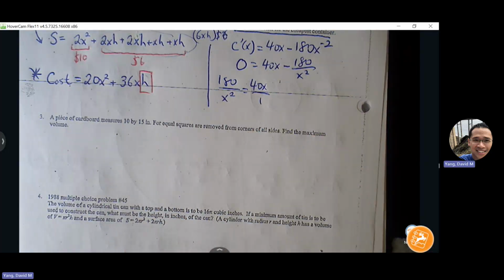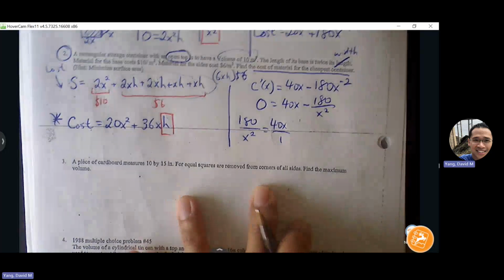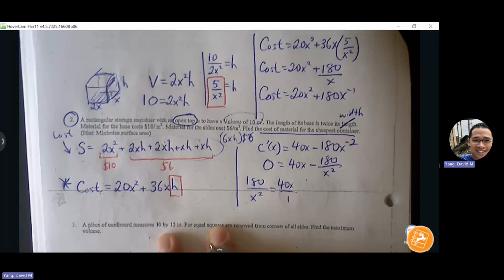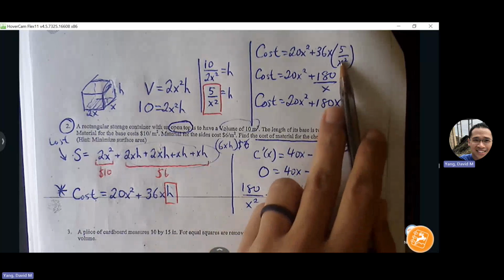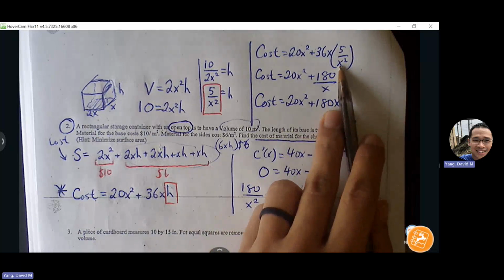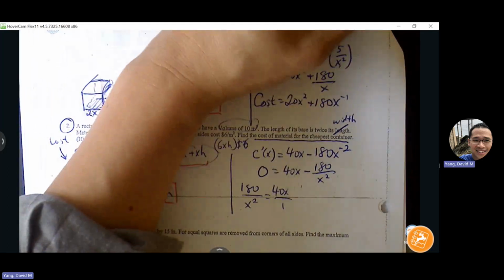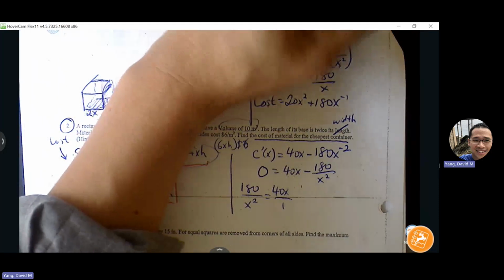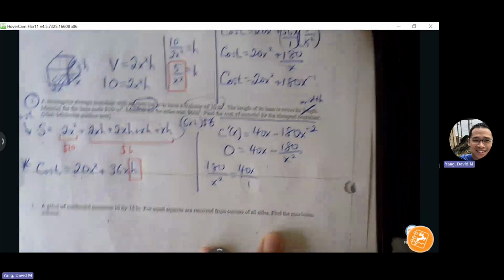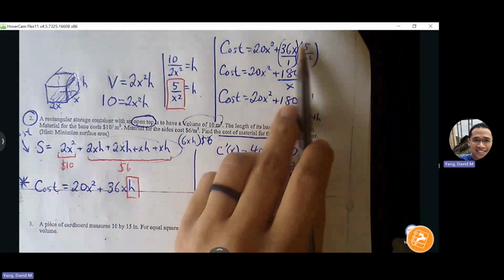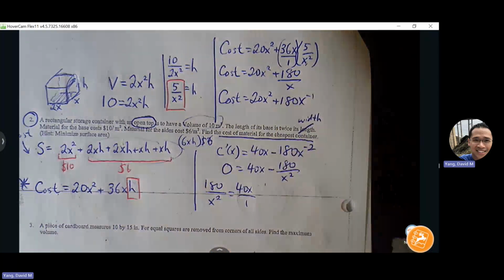When you multiply the 36 times the 5 over x squared, why wouldn't you multiply the x out with it? Like, why wouldn't it be like 180x over 36x? The reason is because I'm multiplying 36x over 1 times 5 over x squared. So the numerator multiplies with the numerator, denominator goes with the denominator.